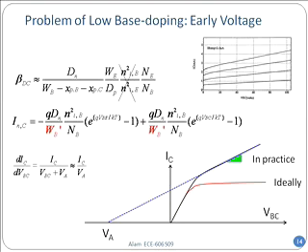Now, for a good transistor, VBC would be small compared to VA, because if it were the red line, what should have been the VA? That should have been infinity, right? Because dIC, the slope, should have been 0, and the only way the slope is 0 is if VA is equal to infinity. That's the only way it could have been 0.